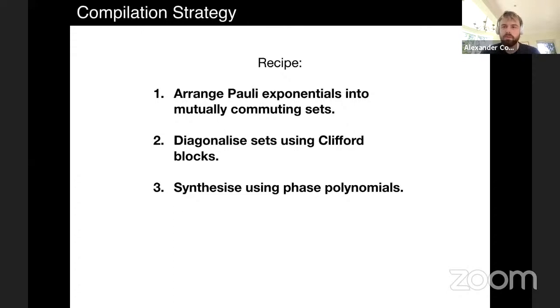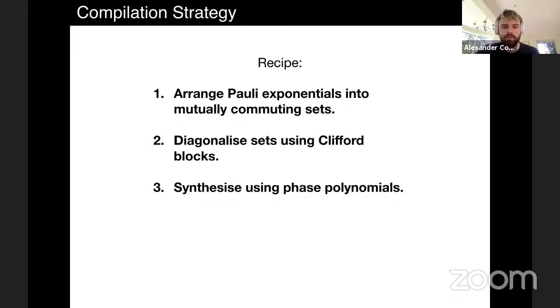Okay, so the overall recipe for the strategy that I want to talk about here is to first of all take the product of Pauli exponentials and rearrange these how we want into mutually commuting sets so that our Pauli exponentials all commute. And this should be very familiar to anybody used to measurement reduction.